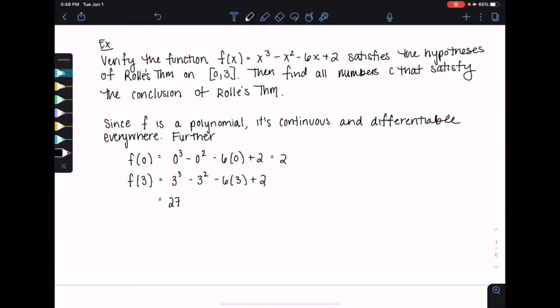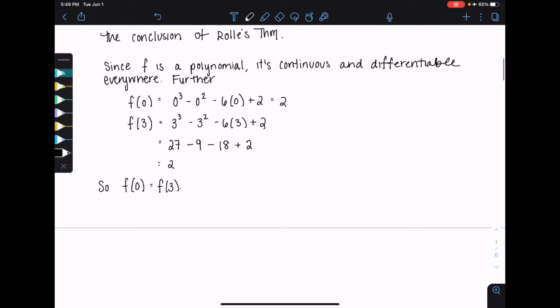That would be 27 minus 9 minus 18 plus 2. Well, 27 minus 9 is 18, minus 18 is 0, add your 2, the y value here is 2. So indeed, the y values at the endpoints are equivalent. So my first three hypotheses are satisfied.